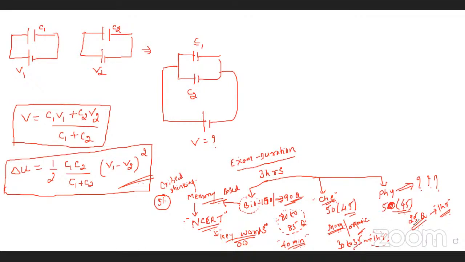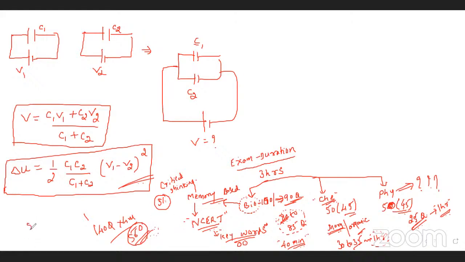So 35 questions plus 25 is 60, and here you are going to attend 80 questions. So almost you have attended 140 questions into 4 marks, so it has already crossed 560. With a minimum of 560, you can definitely get a medical seat.